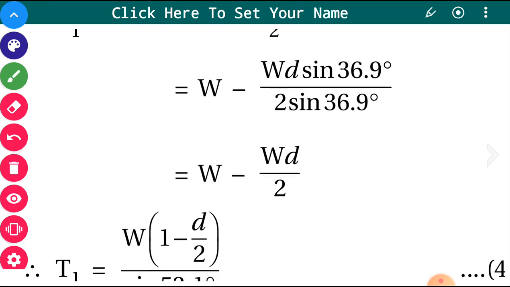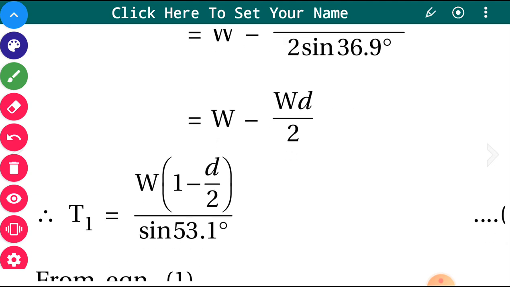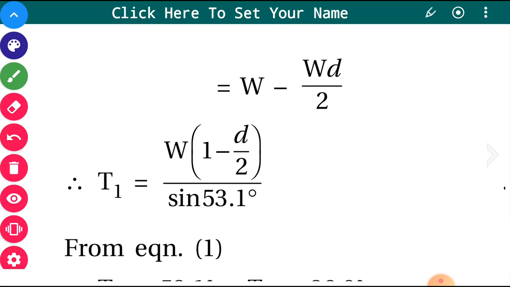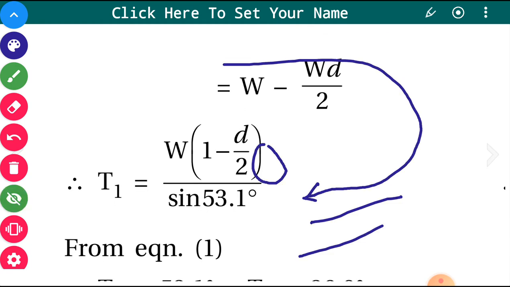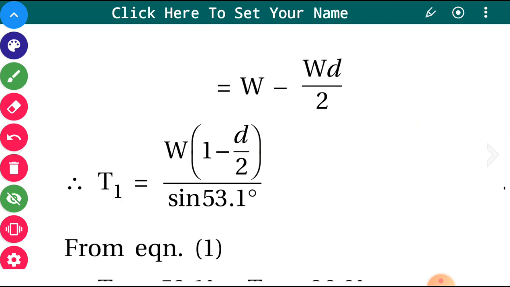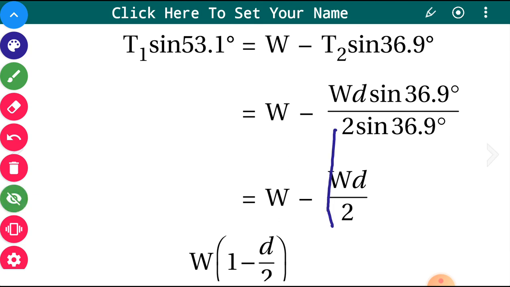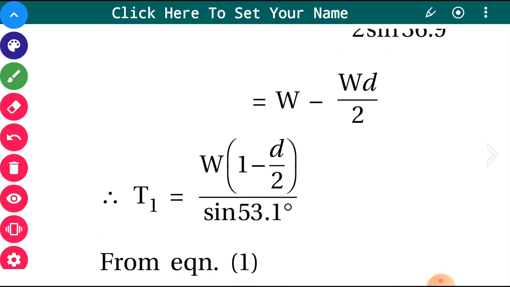So W minus WD upon 2, W is common, so we will have 1 minus D by 2 upon sin 53.1. Because now T1 is made the subject of the formula, sin 53.1 is taken in the denominator, that is W into bracket 1 minus D by 2 upon sin 53.1.